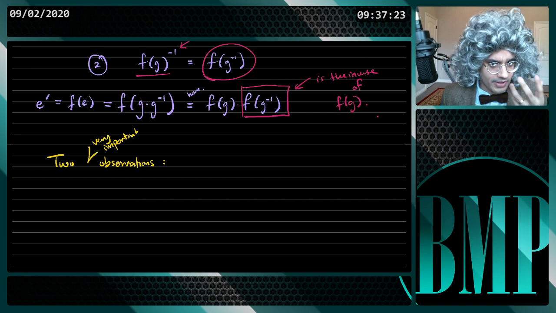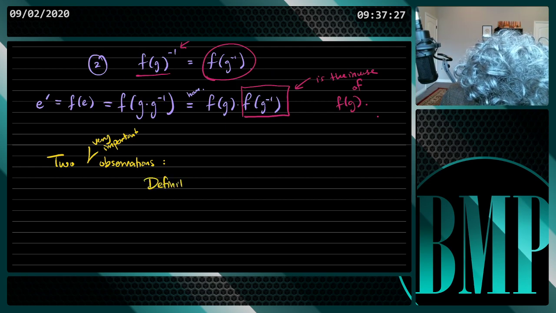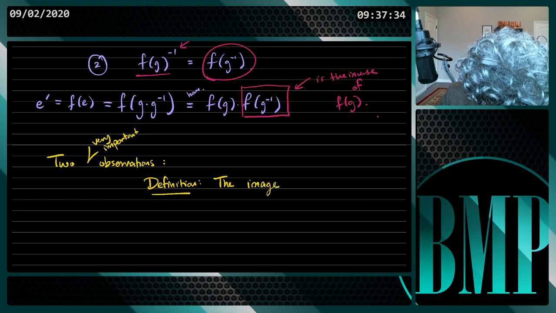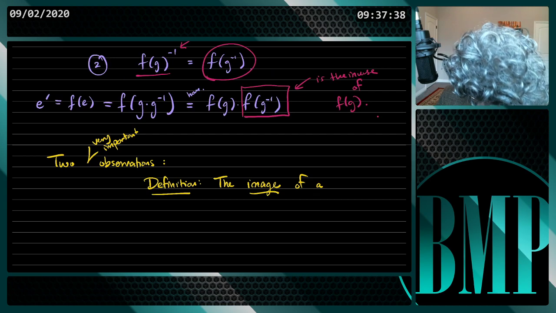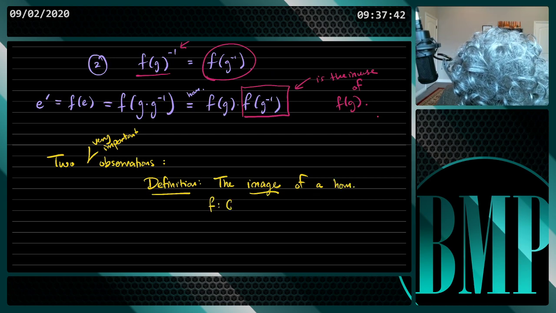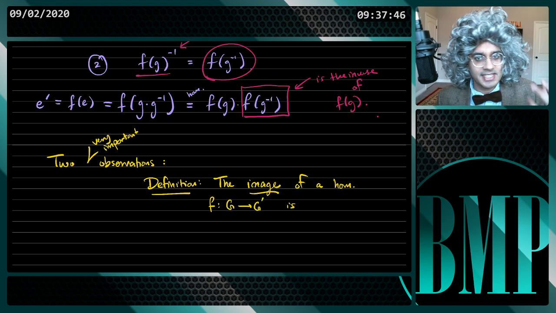So I should probably define two things. So the first thing I'm going to define is the image of a group homomorphism, which is simply the set of outputs.